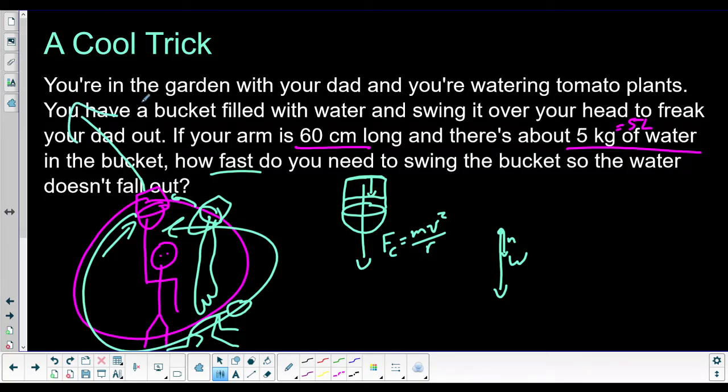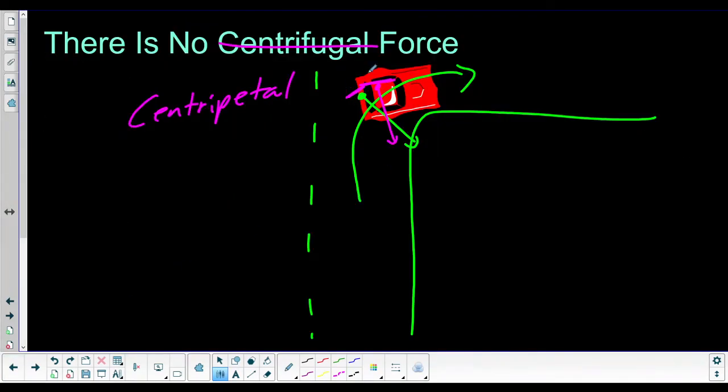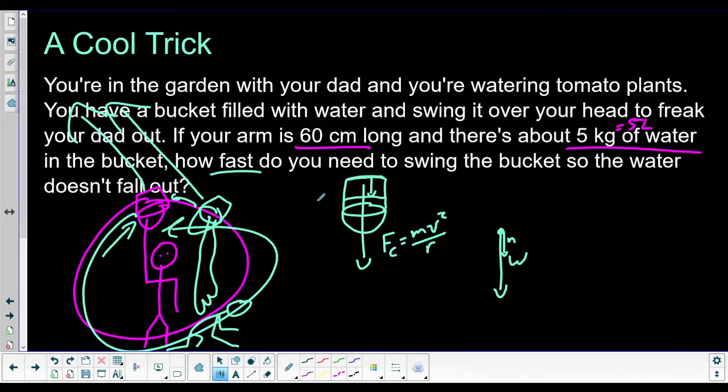If you let go of the bucket, it's going to go that way. So you need a force to pull it back down into the circle. Gravity wouldn't be strong enough, so the bottom of the bucket is there to help push, the same way the car is in your way, pushing you towards the center. The bottom of the bucket is in the way of the water, helping push it down towards the center of the circle.